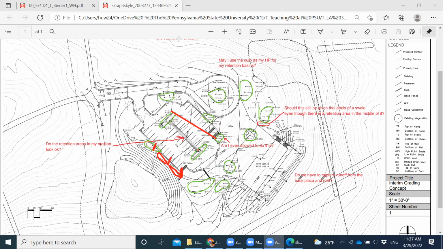You can use 1/12 as an estimate for required retention area. So I think that's enough space. Except for these, I think you're okay. Yeah, you're right.